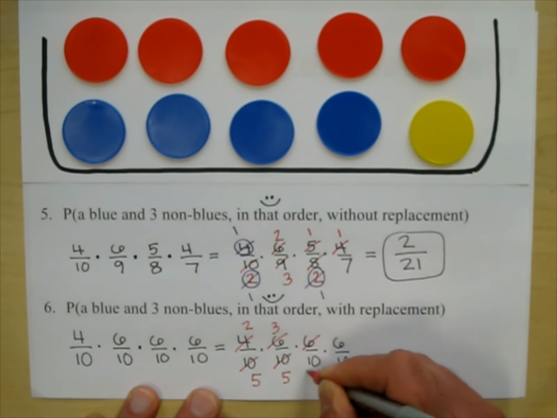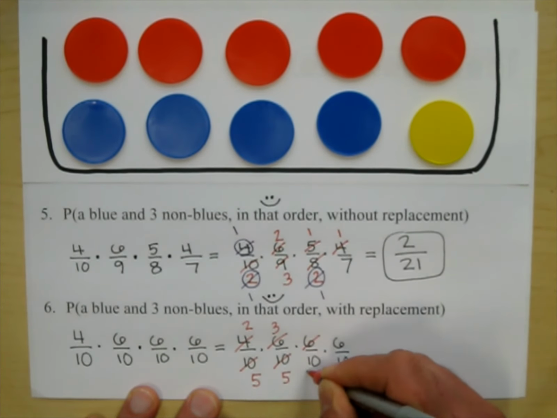Well, the probability would be 4 out of 10. Whoa, I've lost the blue. It's gone. It's down on the ground. Okay, it's without replacement, so I really didn't have to get it. Because now I'm going to pull out another blue, and the probability of that happening would be 3 out of 9.